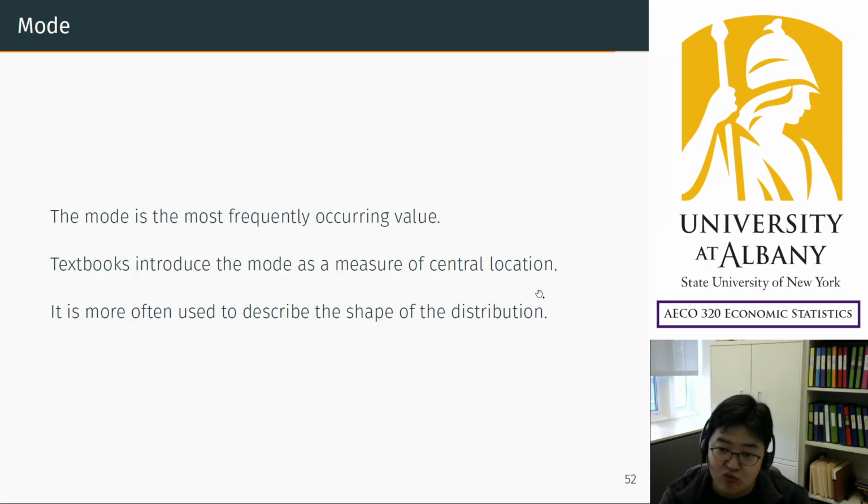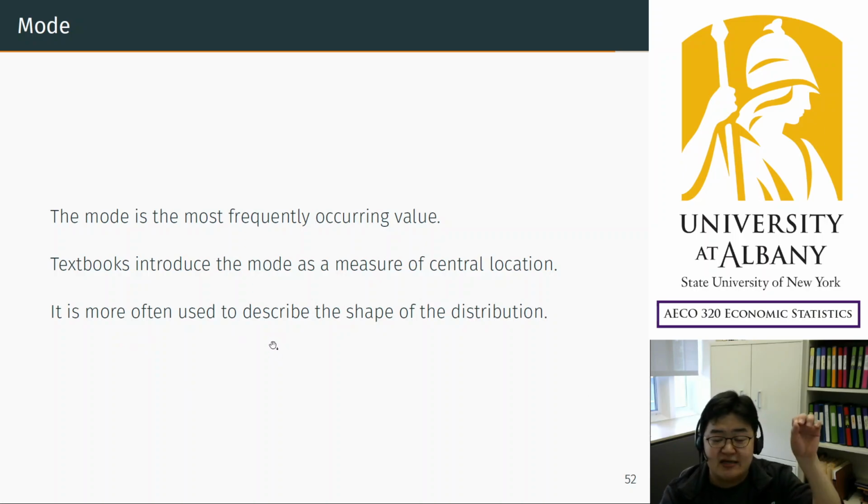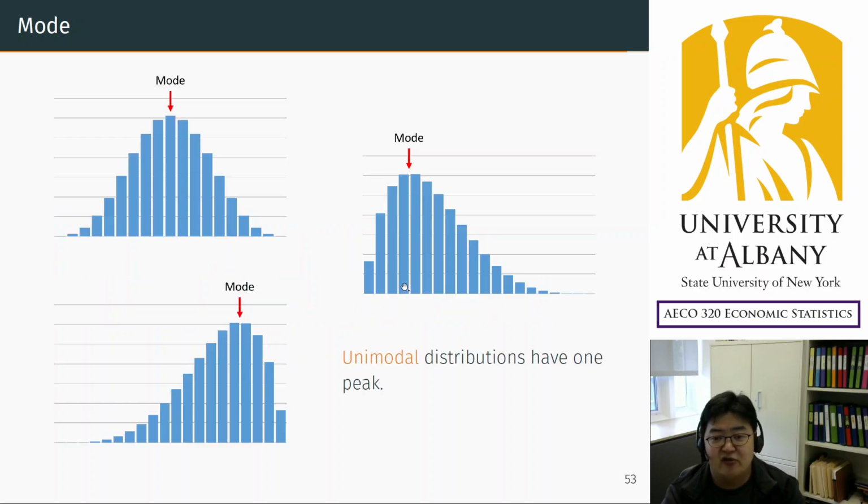It's not wrong, but I have never seen mode as a central measure in practice. In applications, mode is not as important as the median or the mean. So I do not explain mode that much, but it is more often used to describe the peak of the distribution.